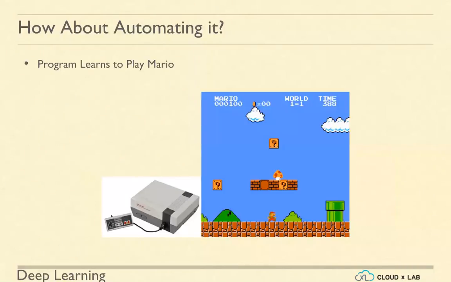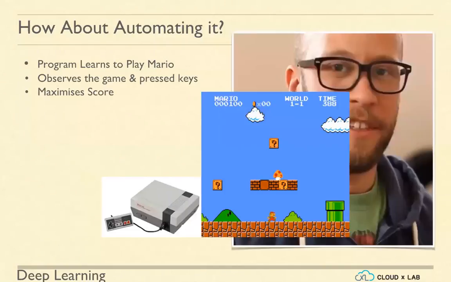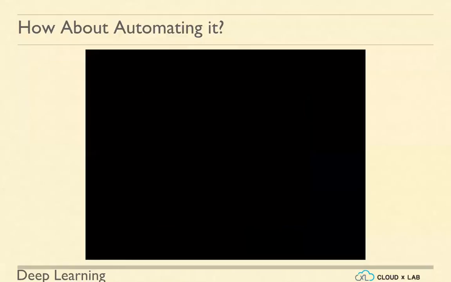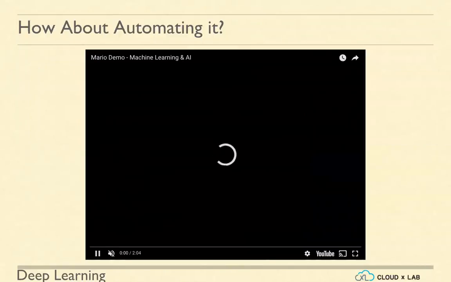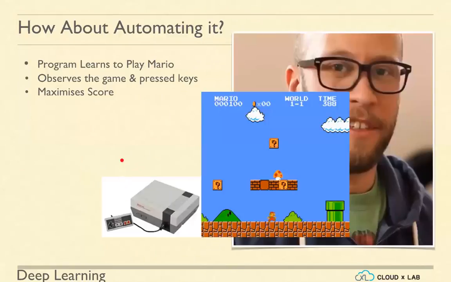All right. So here is what the setup is about. The program learns to play Mario. How? It observes the game, presses the keys and maximizes the score. And how did it observe the game?